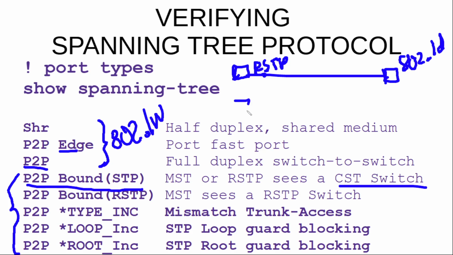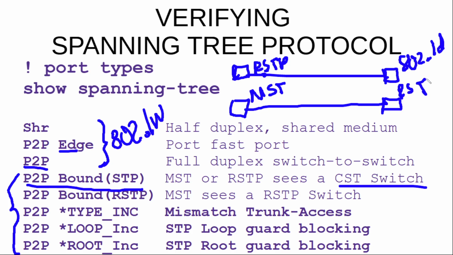Now if we were configuring a multiple spanning tree protocol border switch and we were connecting this to a rapid spanning tree protocol switch, we will see in this port this link type: point-to-point bound to rapid spanning tree protocol. So in this case, a multiple spanning tree border switch is seeing a rapid spanning tree protocol switch.